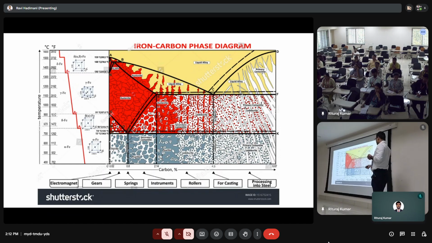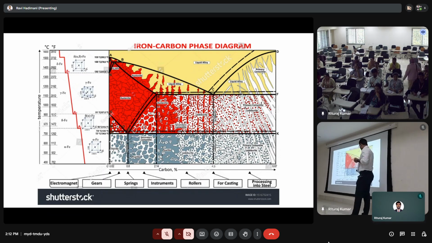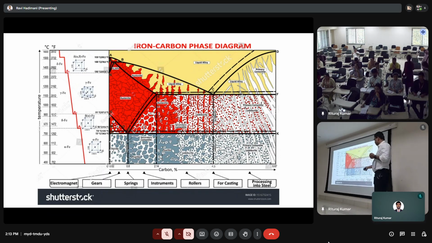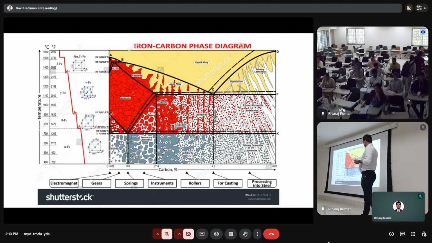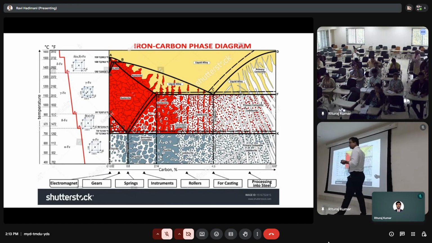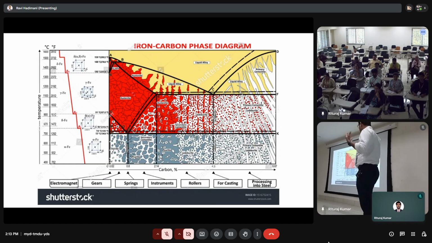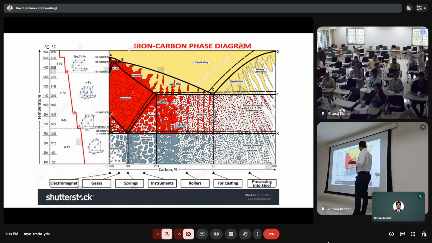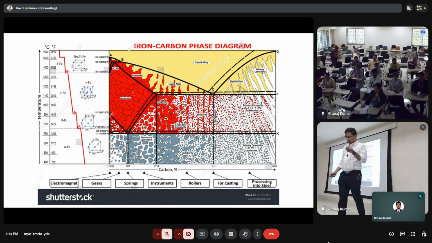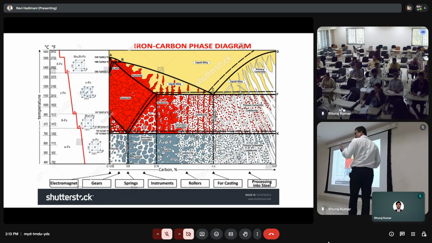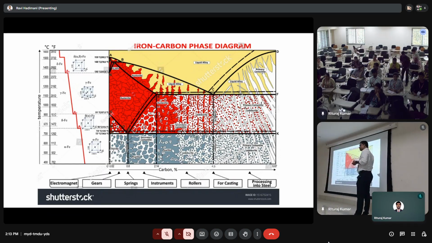So these are different applications for this composition. The applications are determined based on their properties, and the properties are determined based on the microstructure. If you have a certain type of microstructure, it allows dislocation motion in a certain pattern, which will change the yield point or the mechanical properties accordingly.